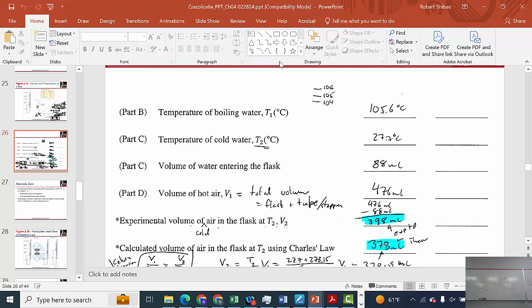All right, this is from one student from this morning. Their thermometer, do you think that's very accurate? Their boiling water came out to 105.6. Did they just have especially hot boiling water, or do you think their thermometer was improperly calibrated and is reading too high? What do you think?